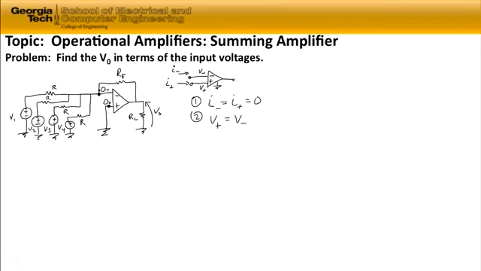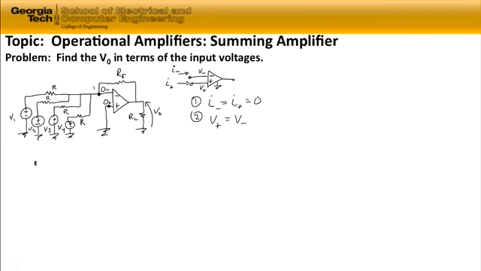So we've used the property of the op amp to find the voltage at the node that ties R sub F with the inputs to the op amp circuit. Let's call this node 1.